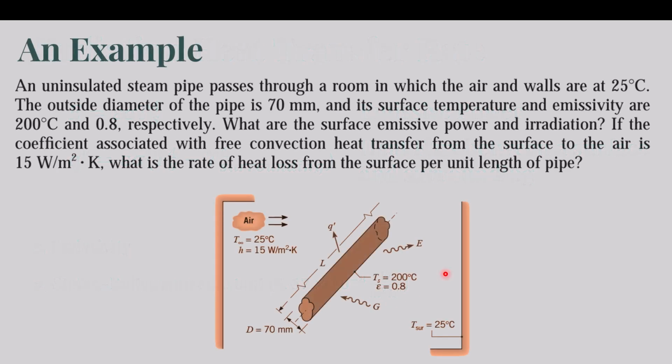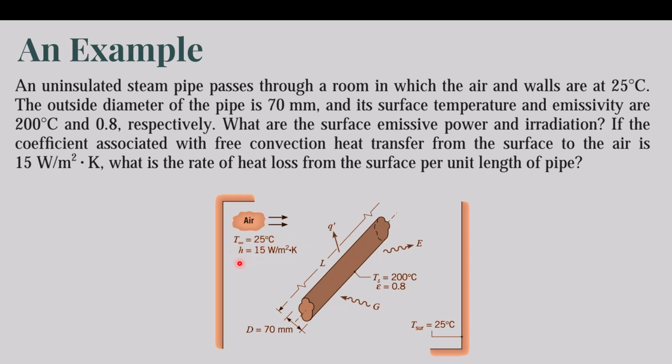So I am going to solve a problem using Simscape, and I will show you that these formulas are actually what Simscape is going to solve. You can read the description of the problem, but I am only going to explain it from this graph. There is a pipe within a room, and the room temperature and surface temperature are both at 25 degrees Celsius. So this pipe is going to experience both convection and radiation.